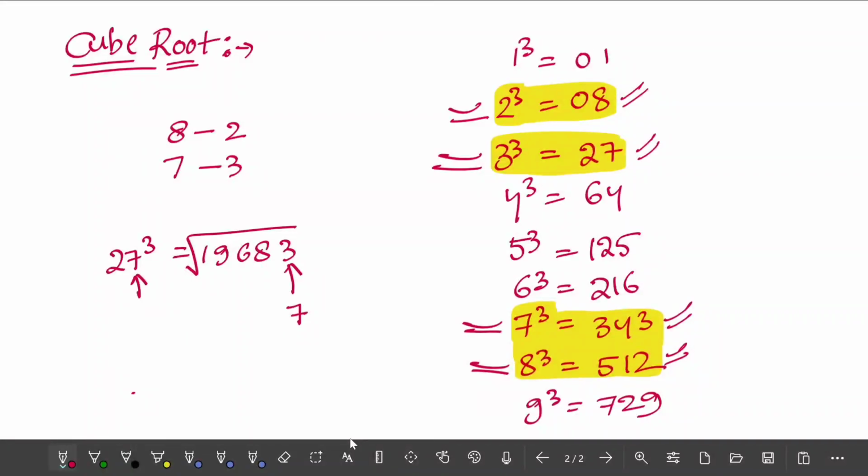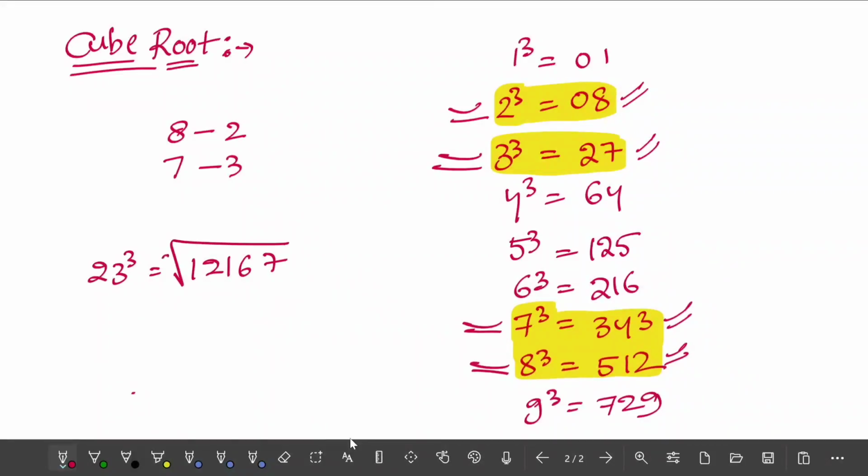Clear? And what is 23 cube? That is 12167. So you have to find the cube root of this number. When I see 7 here, I have to put 3 at the units digit. Clear?